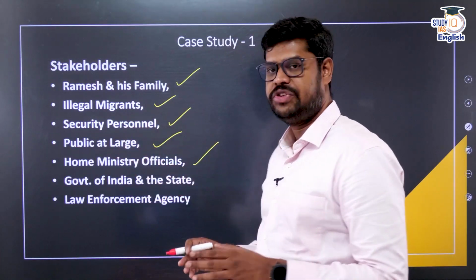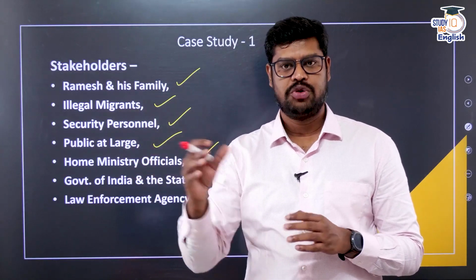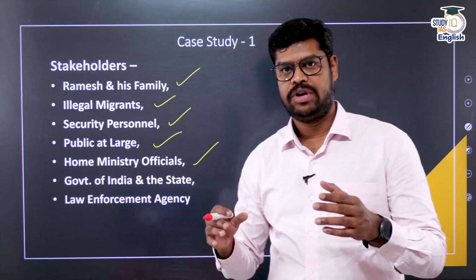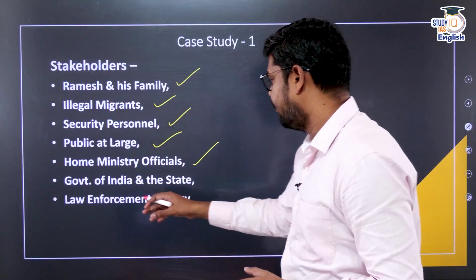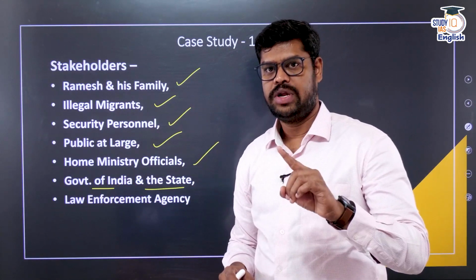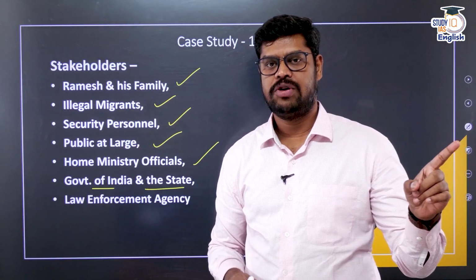The Home Ministry officials are the ones who have to take care of all those things, not just the security personnel. They have to collect the intelligence, they have to coordinate. So definitely they are also involved. The government of India and the government of the state: I said that it is a national security concern, and who is supposed to protect the national security of India? It is the responsibility of the government of India.